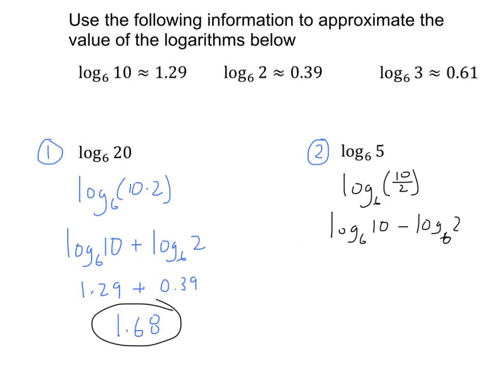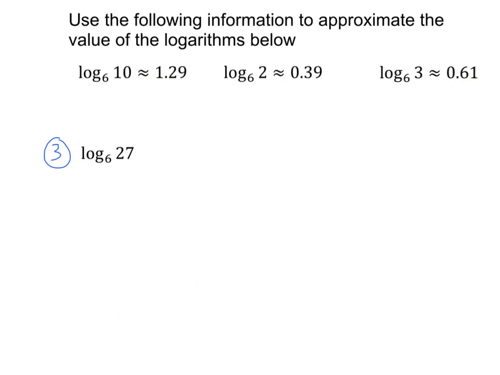Log base 6 of 10 is approximately 1.29, and log base 6 of 2 is approximately 0.39. So log base 6 of 5 is approximately 1.29 minus 0.39. If you subtract that, you get 0.90, and there's our answer.